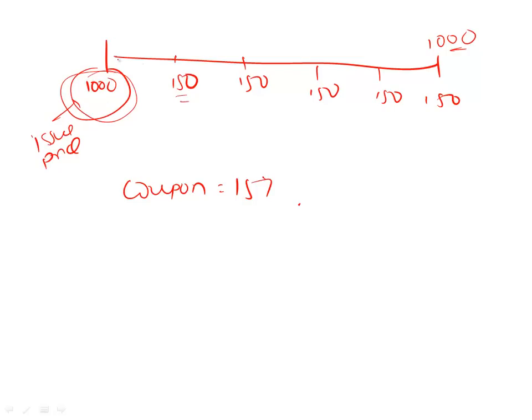Now next day, this bond might not necessarily sell at 1000, it might be higher or lesser. So the price of this bond in the market would primarily depend on something called market YTM, or simply market interest rate. Interest rates in the market will keep on changing, and based on that the price of this bond in the market will keep on changing.